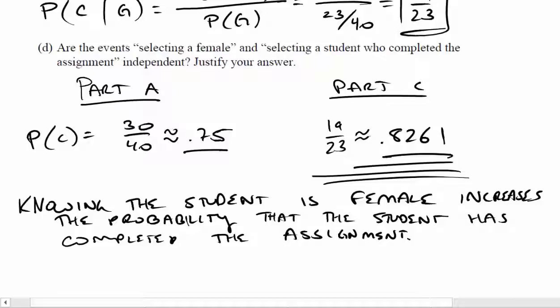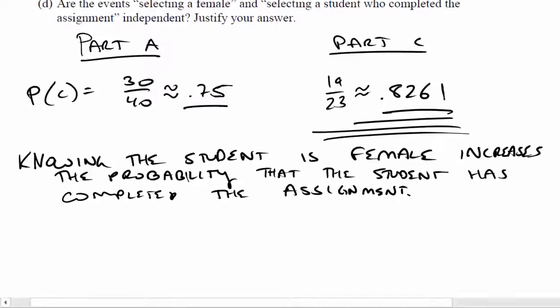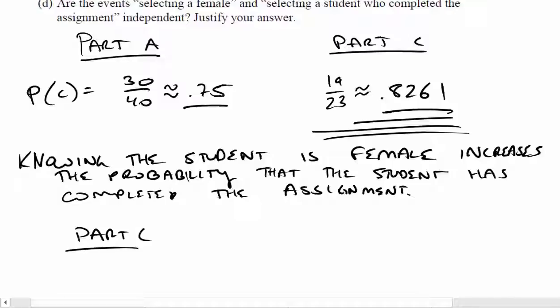Now, if that didn't exactly register, the conditional probability, maybe that was difficult, we can look at this from a different angle. We will still use our answer from part C. The probability that a student, a female chosen at random, has completed her homework is still 19 out of 23. That was the probability a student has completed their assignment given that they're female.